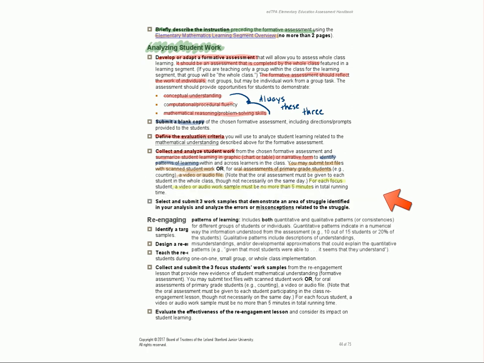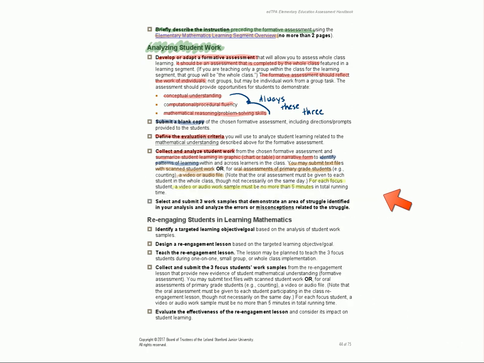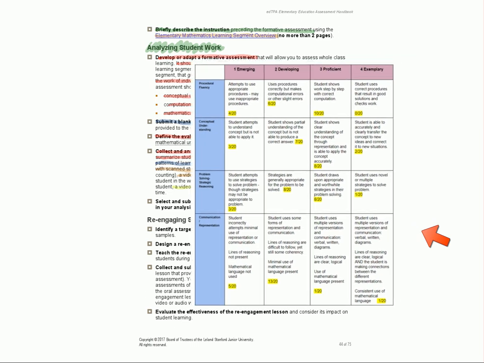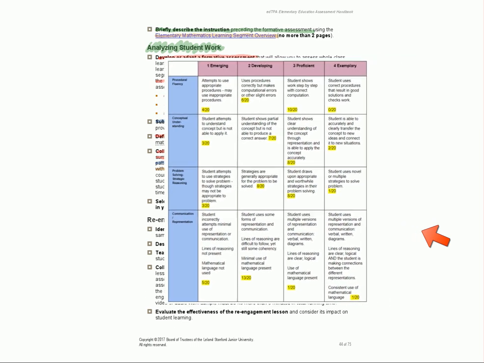Now I want to go into more depth about the chart. All right. So first off, since there's such an emphasis on concepts, computation, and problem solving, you should organize yourself around that. So here's an example of criteria that have been set out around those topics.